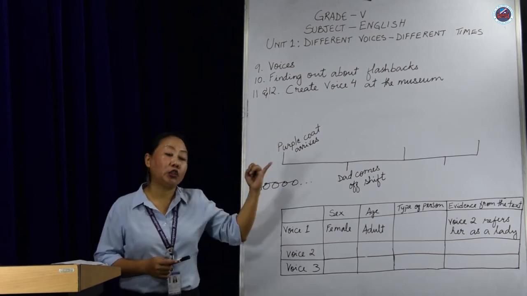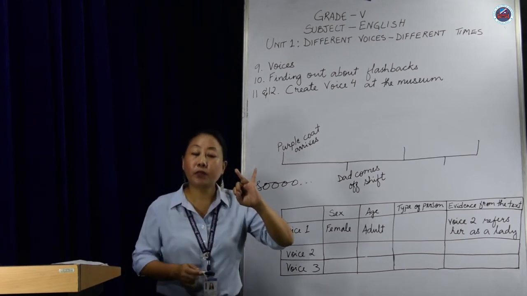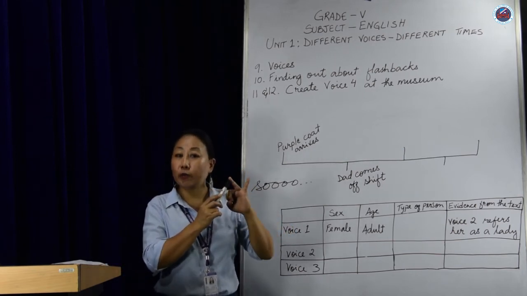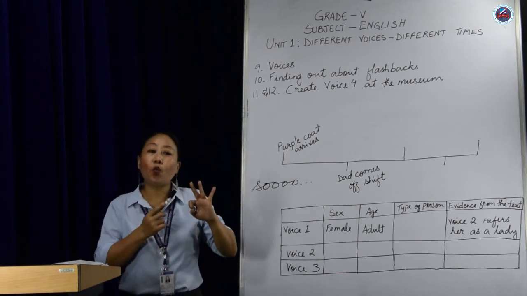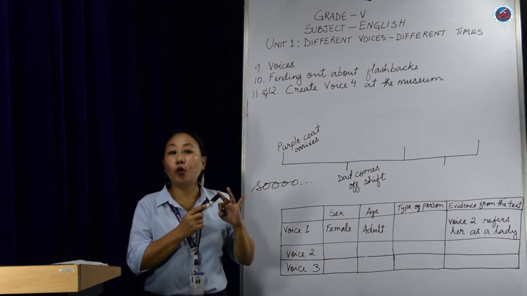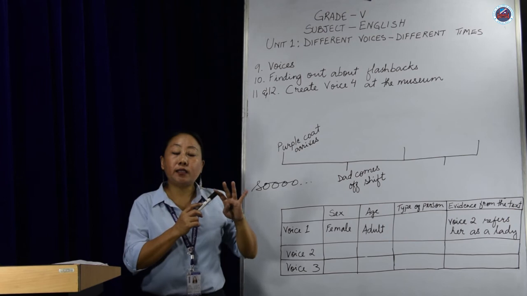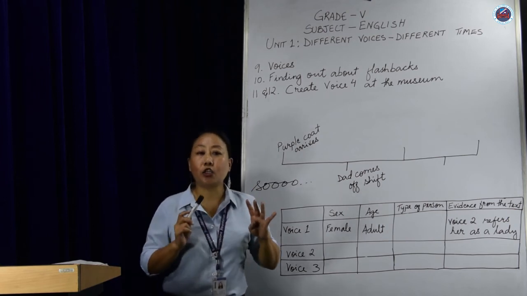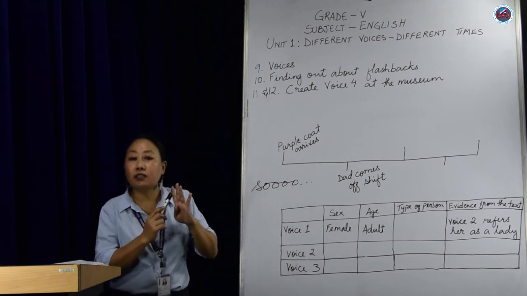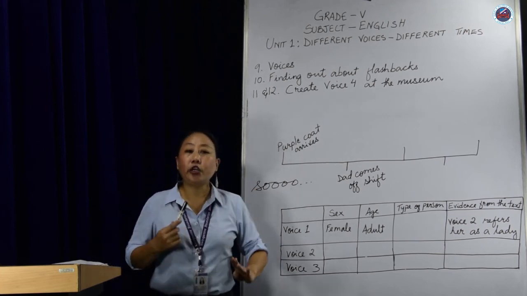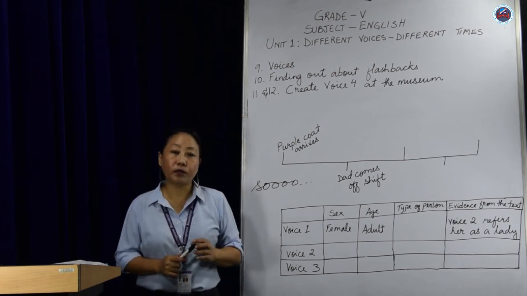How is he linked to the other characters? The next question, did he want to visit the museum? How do you know? The third question, what did he do and whom did he meet? The fourth question, why did he keep glancing at the woman in the purple coat? Once you get the answers to these questions, you will be able to identify voice 4.